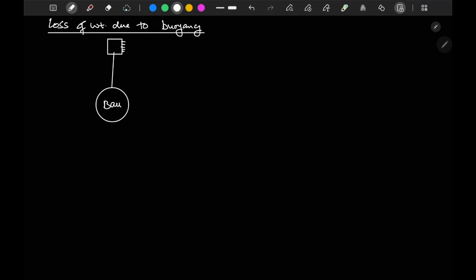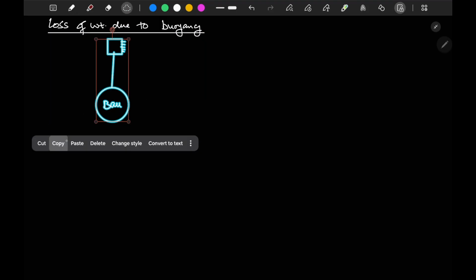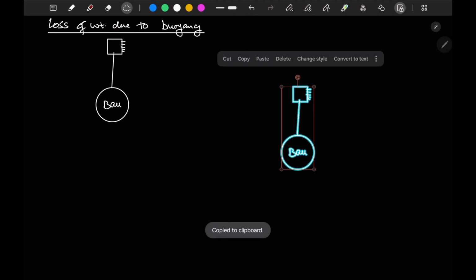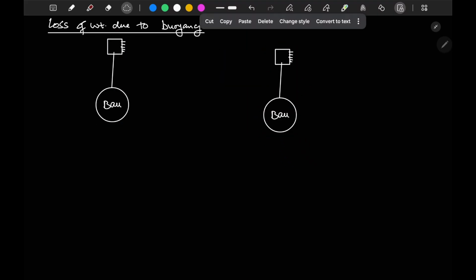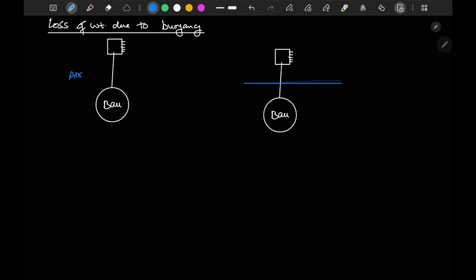Again, let's consider the same diagram. Now here your medium is air, and here it is water. Let's say this ball is kept in water.